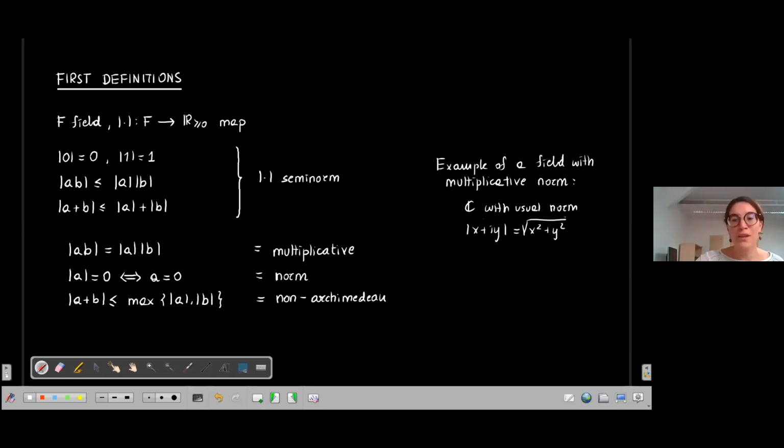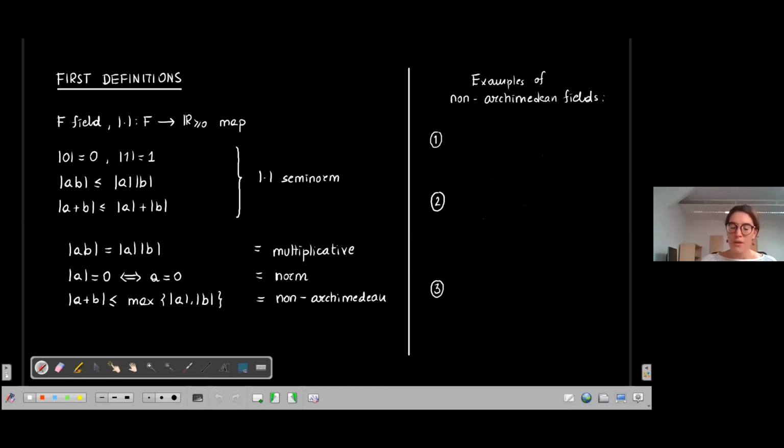Now let's see a couple of examples of a non-Archimedean norm or semi-norm. There are 3 examples that I want to recall today. For the first example, we can take any field F and endow F with the trivial norm.